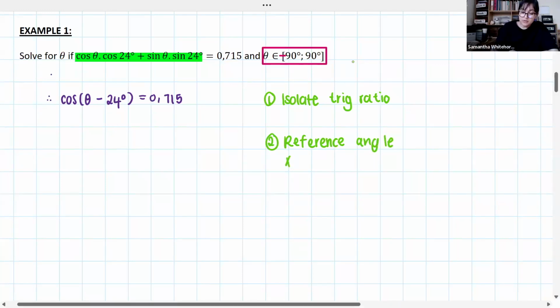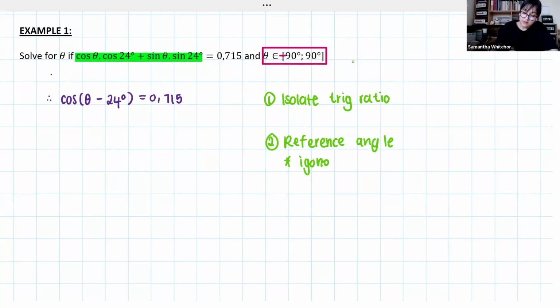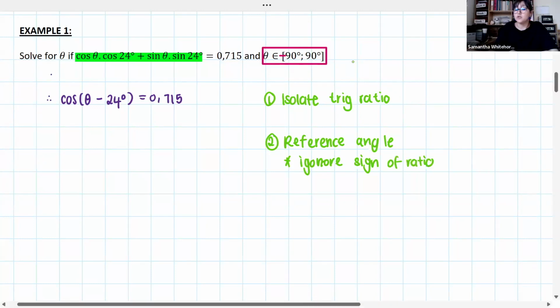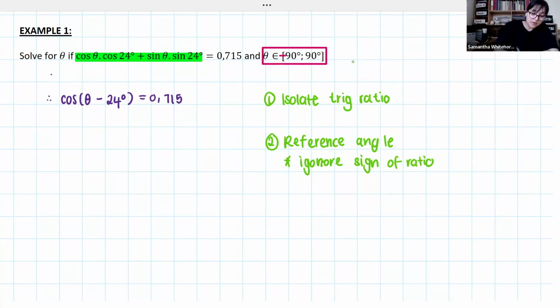When you work out your reference angle, remember you ignore the sign of your ratio. The sign will become important in step number 3, where we decide what quadrants we're working with. So over here, I'm going to do my reference angle.